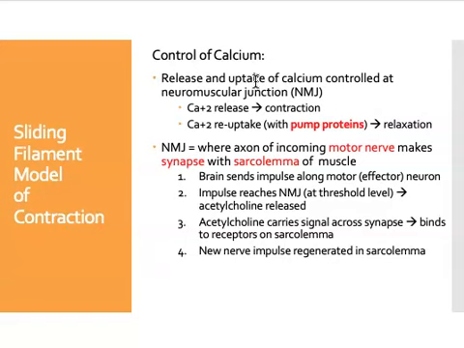So we need a communication point between the nervous system and the muscle fiber. We need a synapse. All a synapse is, is a communication point between a neuron, a cell of the nervous system, and whatever cell that neuron is communicating with.